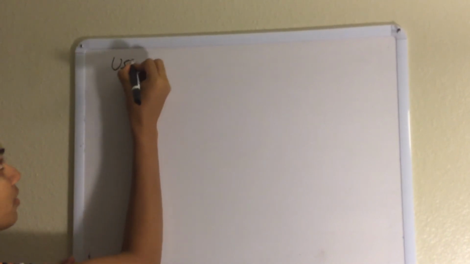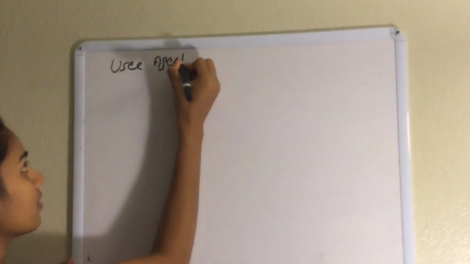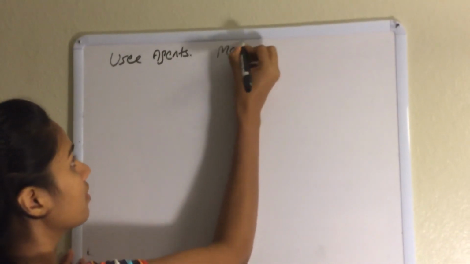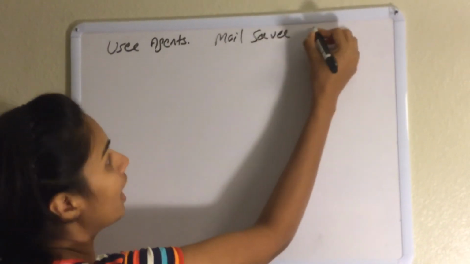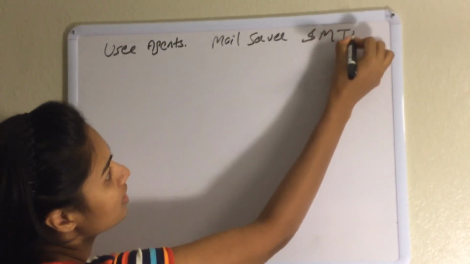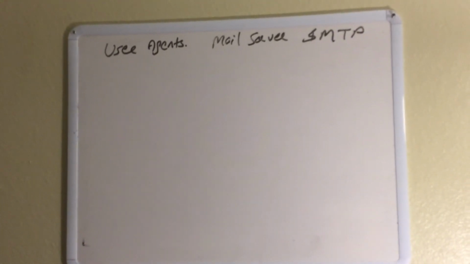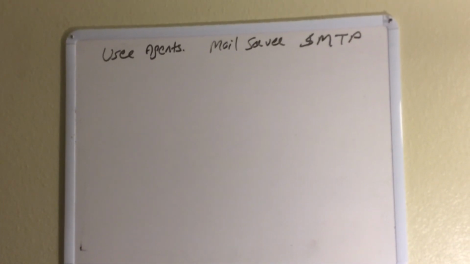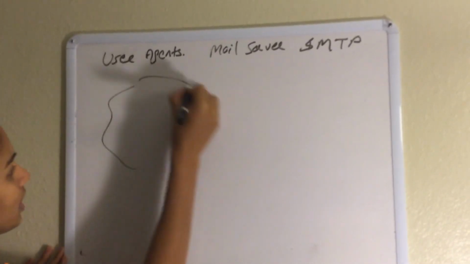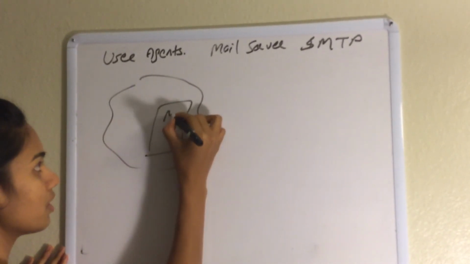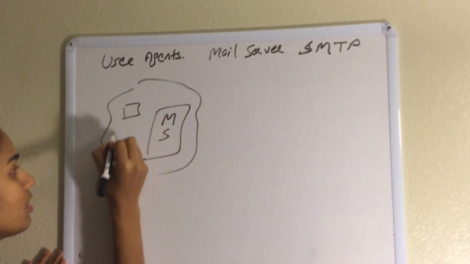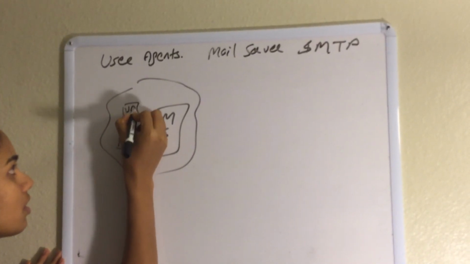The three major components of the email system are the user agent, the mail servers, and the SMTP protocol, that is the Simple Mail Transfer Protocol. The main architecture is that we have mail servers set up, and we have user agents.